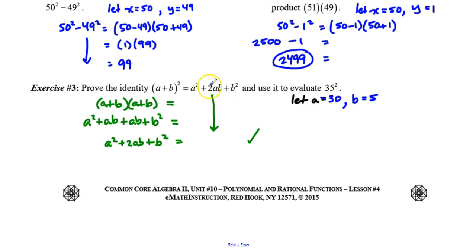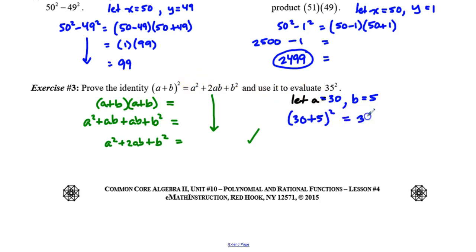So at this point, I'm not going to do too much with the left side, right? Because I don't know what 35 squared is, but I'm just going to say, okay, that's going to be 30 plus 5 squared, which I don't really know, but I feel like I could work out the other stuff.